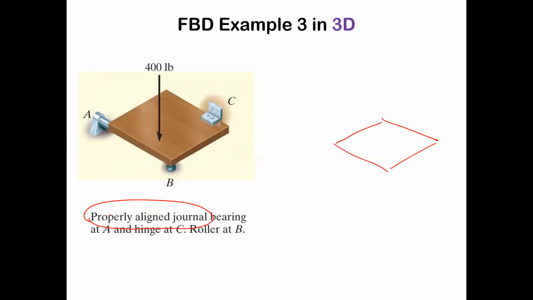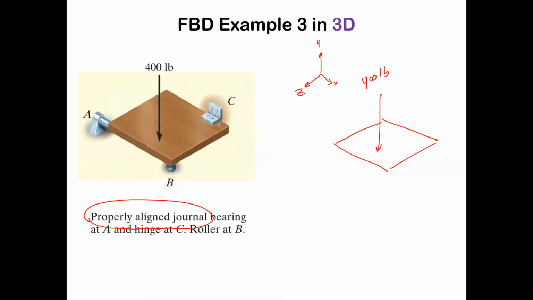So we're going to have the 400-pound force acting here. Again, for some reason, my axes are in the same tipped over form: Y, X, and Z. There's no reason why you can't make it more favorable, with Z going up.